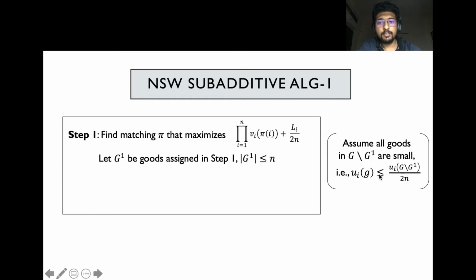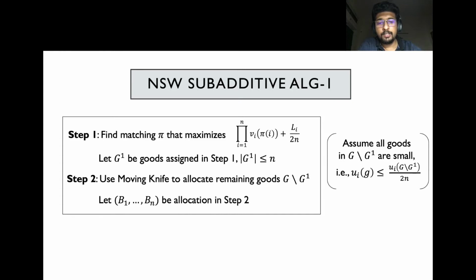That is, no good in the remaining bundle gives a 2n approximation to the utility of G minus G1. Since we have the small good assumption, we can apply the moving knife procedure to allocate the remaining goods, that is G minus G1, and let B1 to Bn denote the allocation resulting from step 2.